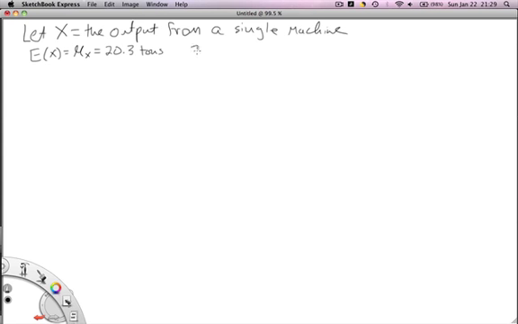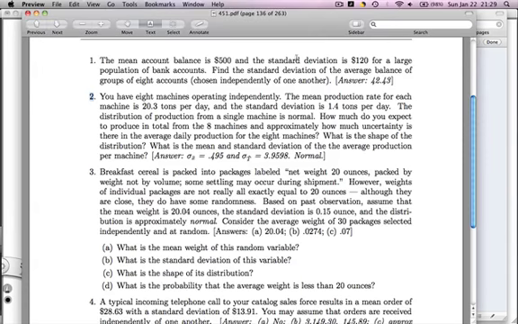We've also been told that the standard deviation, so how much does this vary across day, is equal to about 1.4 tons. And we also know that x is approximately normal. So the little tilde means distributed. So x is distributed normally.